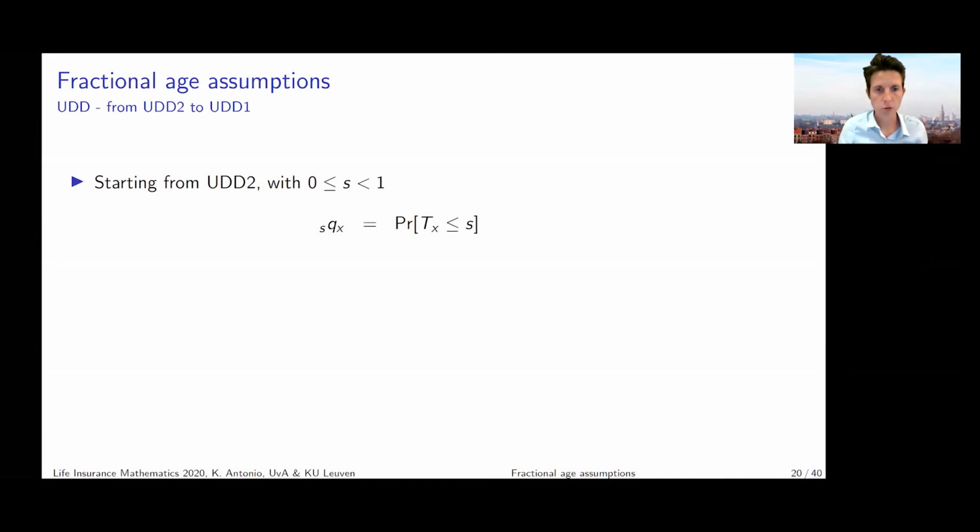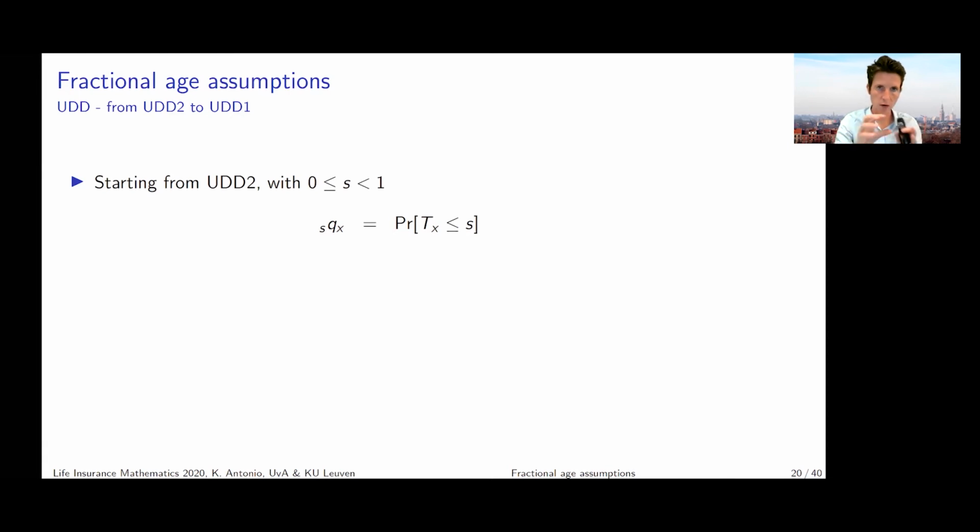And what we're now going to do is the other way around, right? So what we want to show right now is that sqx will be equal to s multiplied with qx. And what we're allowed to use right now is that this Kx and Rx are independent, and that the Rx follows a uniform distribution of deaths.